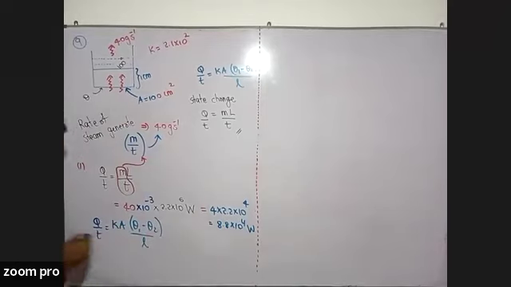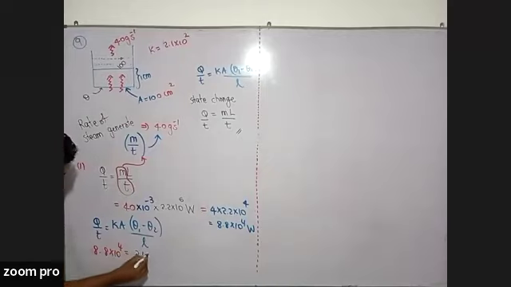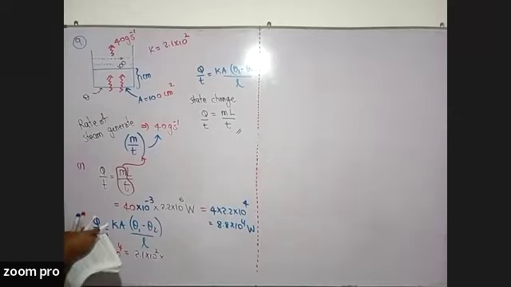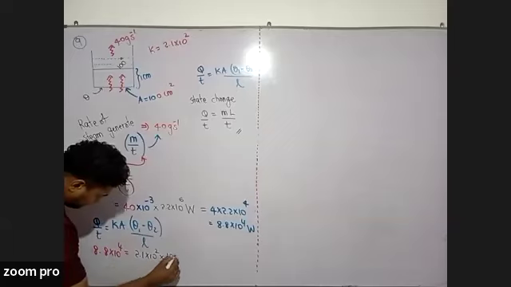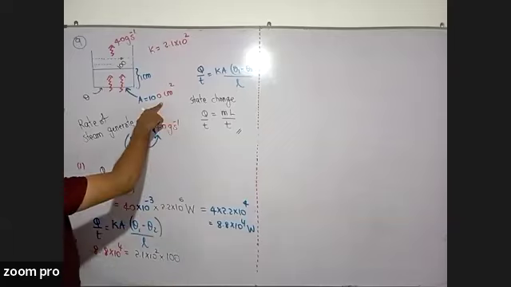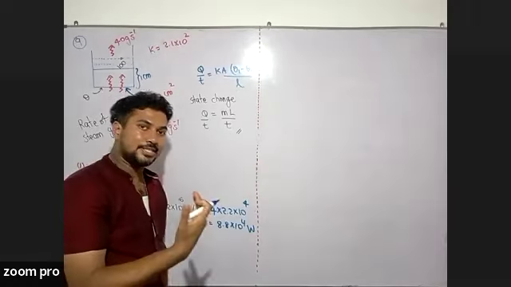So this is the rate of heat flow to the bottom of the beaker or the boiler. Then this value equals K, which is 2.1 into 10 to the power 2, into A, which is 100, but this value is given as square centimeters.